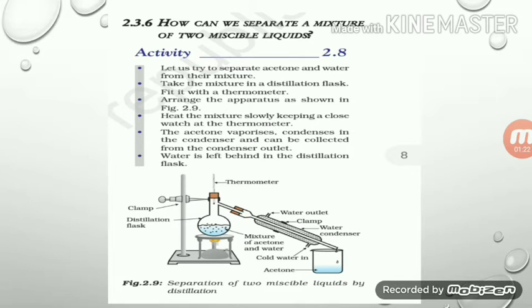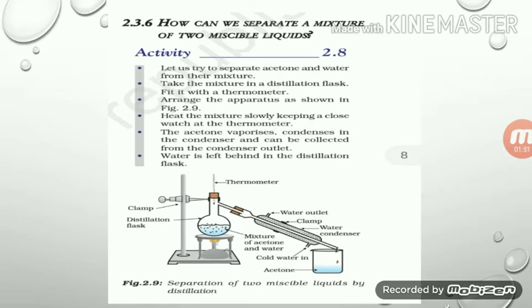In this picture, one burner, one stand, one funnel, and one beaker are there, where a mixture of acetone and water is present, and the process of distillation is started by heating this liquid.